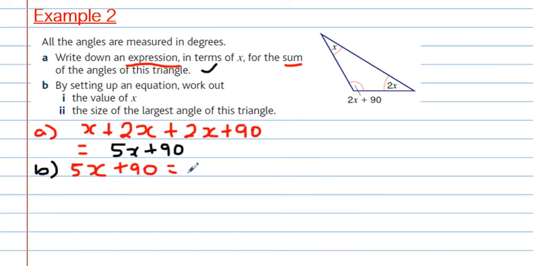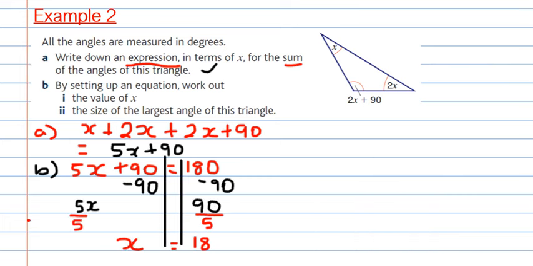Don't forget that all the 3 angles in the triangle must add up to 180 degrees. Some students tend to get confused and use 360 instead. A triangle is 180. Now have a go. X equals 18. Did you get that right?